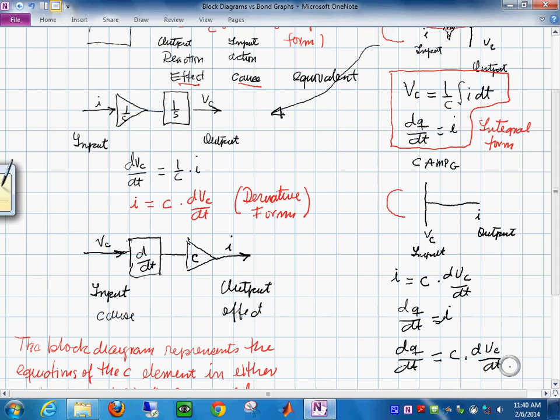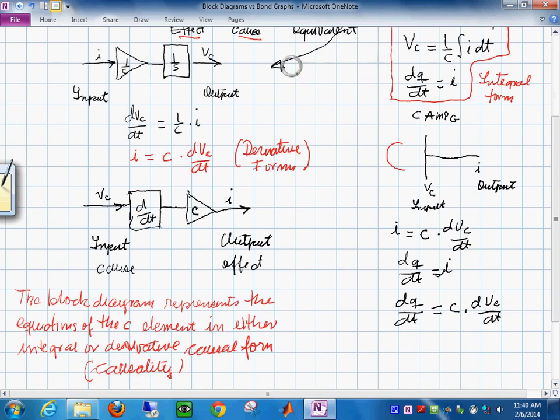And this equation is the one that represents the derivative form. So we're going to put them like this, and this one here is totally equivalent to this.